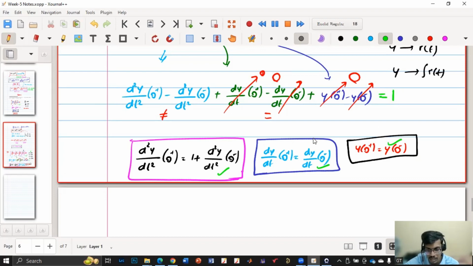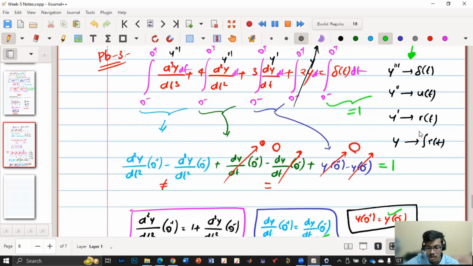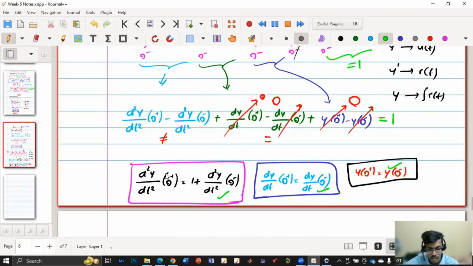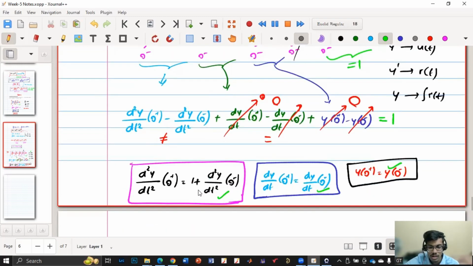For some cases it will be the same. That comes from whether the function is continuous or not. If the function is discontinuous, like the step function u of t, then you see that the 0 plus and 0 minus conditions are not the same, because of this additional term that we are getting. So this is why we need to proceed in this way.